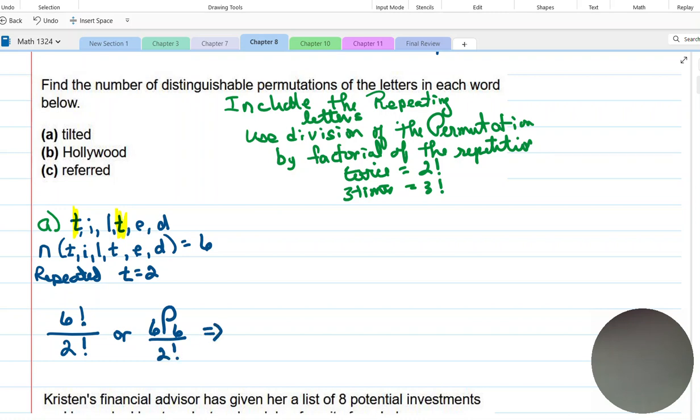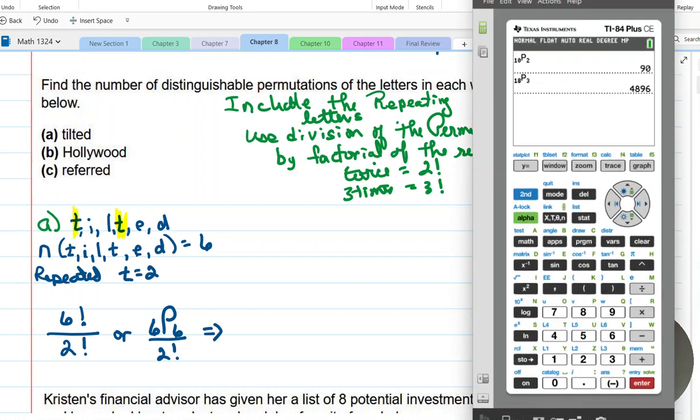Both of those would work. So let's do it. So I want the 6, math, PROB, number 4, divided by, and this one is a 2, math, PROB, and we know that's a 2, but we're going to do it anyway, just so we keep it in the way we said. And we get 360.